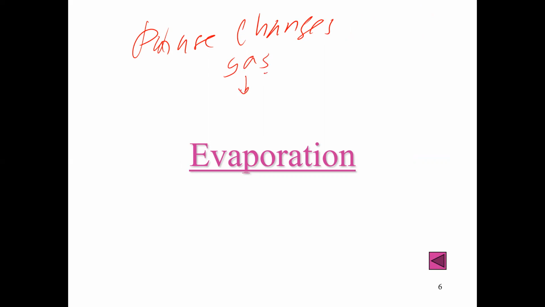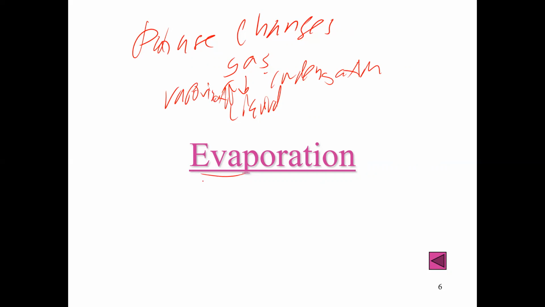Now, what we're talking about now is phase changes, and I addressed that last time in the previous lecture. When you have a gas and it converts to a liquid, this is called condensation. Liquid to a gas is called vaporization or evaporation.